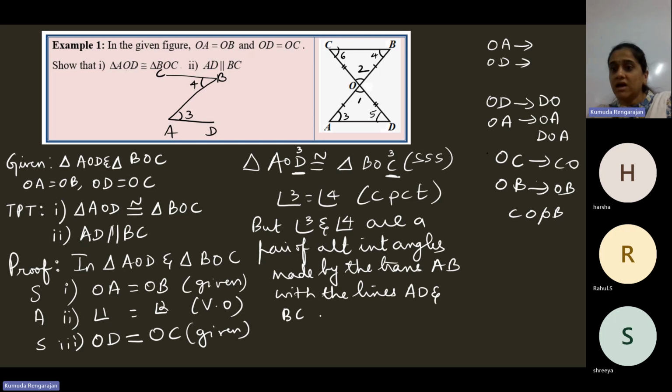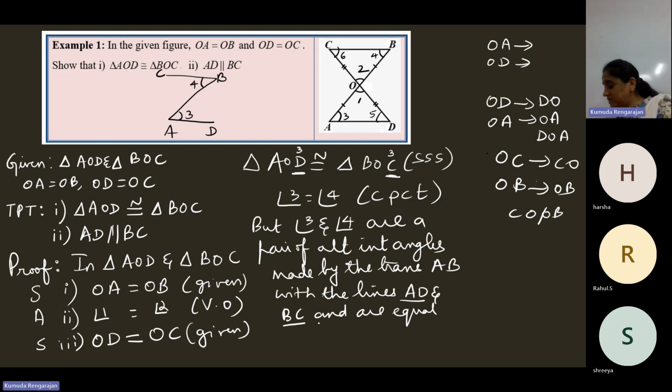And they are equal. And the alternate angles are equal. That means these two lines, AD and BC, should be parallel to each other. Because alternate angles are equal, no? They'll be equal only when the lines are parallel.